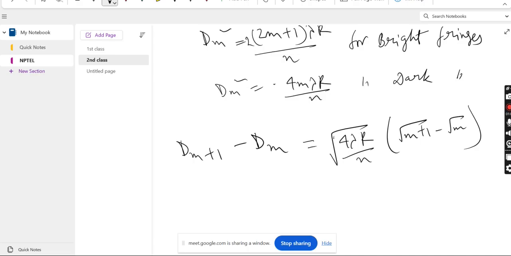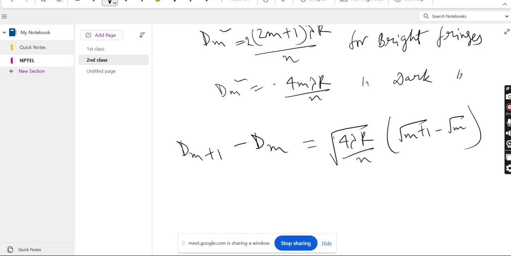For example, when you add 1 to 1, it becomes 2, almost double of 1. And if you add 1 to 20, it will be 21. So root 21 minus root 20 is a significant number. But if you add 1000 plus 1, root 1001 minus root 1000 is significantly less.